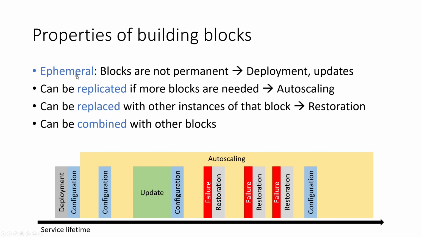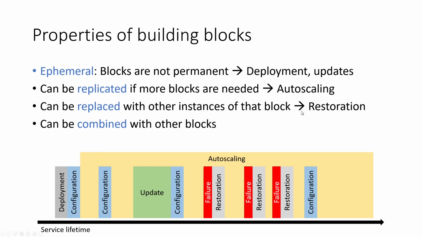For example, blocks being ephemeral allow us to easily deploy and update each building block. Our ability to replicate blocks allows us to auto-scale our service. For example, if the load increases, we can create new blocks and absorb the increased demand. Blocks can be replaced, so if a server fails, we can just let that failed block go away and create a new one.